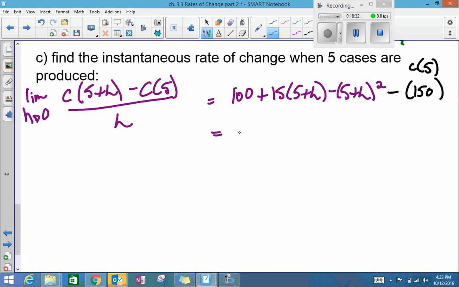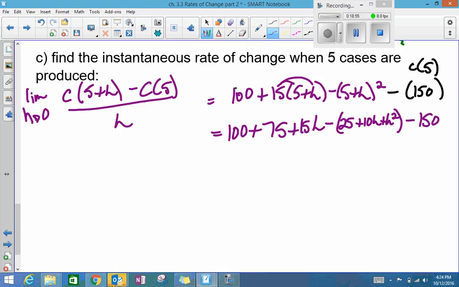c of 5 plus h, so we get 100 plus 15 times 5 is 75 plus 15h, so again I'm just distributing the 15, minus FOILing 5 plus h, we get 25 plus 10h plus h squared, and then bringing down our 150.